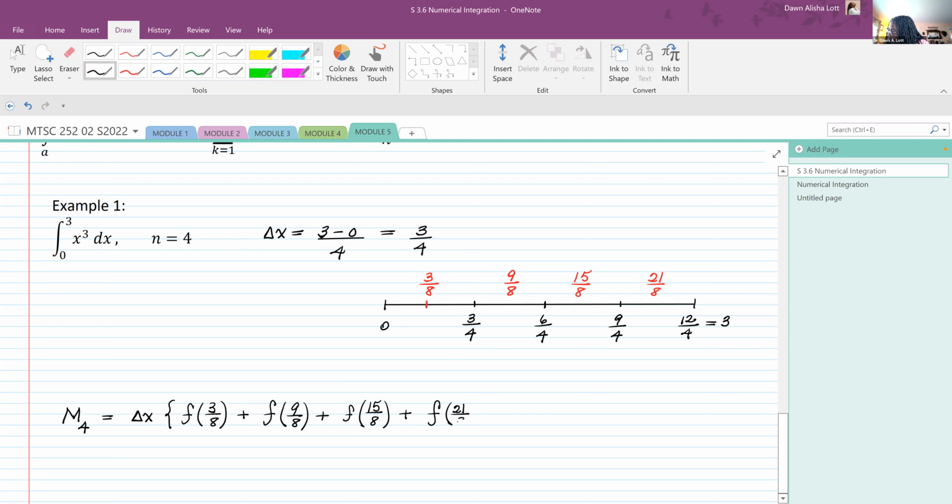So I'm using the midpoints. In this problem, this is M1, this is M2, this is M3, and this is M4. And what is our function f? Well, here it is. f is x cubed.